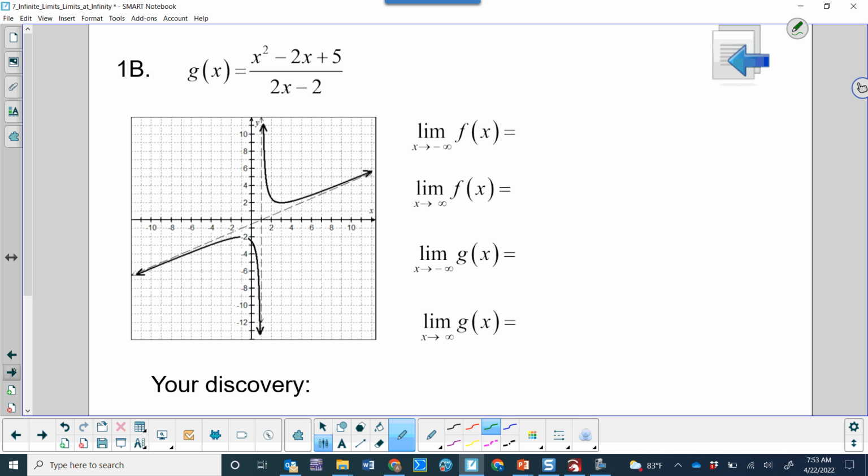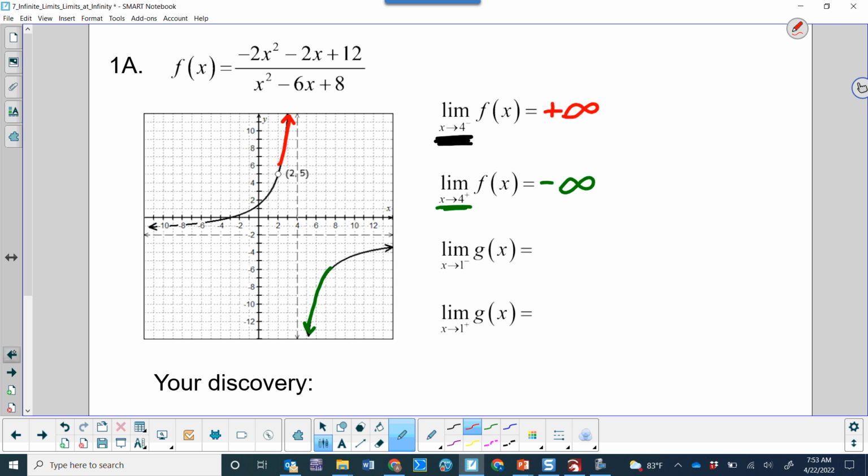As we approach positive 1 from the right, we're going to be going to positive infinity. As we approach positive 1 from the left, we're going to be going to minus infinity, because on the left side of 1, it's going down.